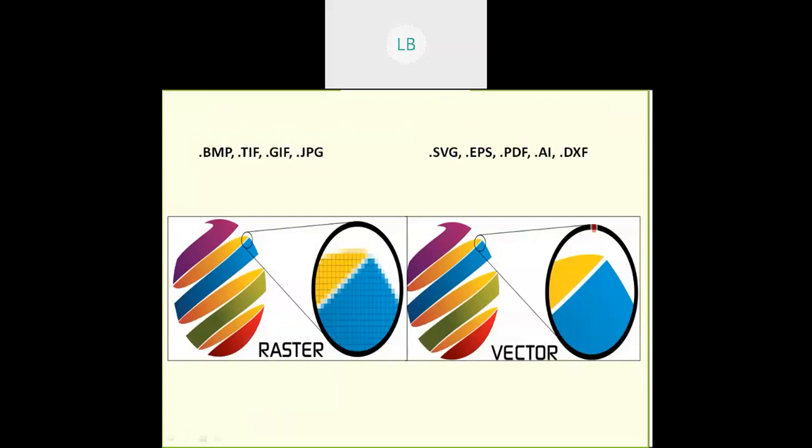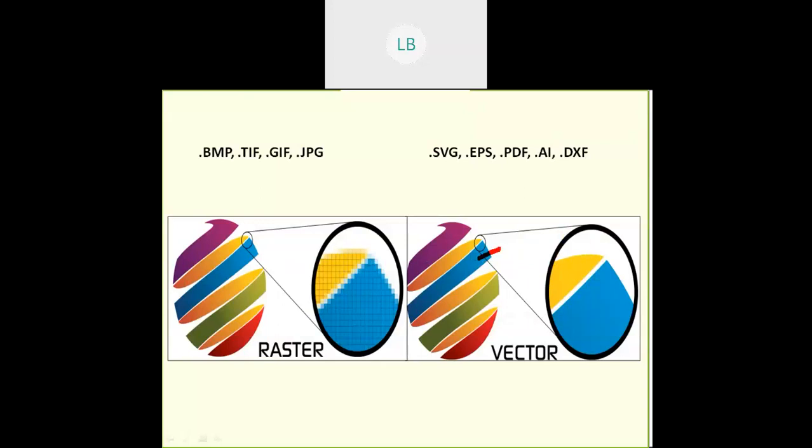Here is how you can differentiate raster and vector images. When a portion of a vector image is enlarged, it appears clear because it is made up of parts or shapes. This portion, when it is enlarged, is clear.